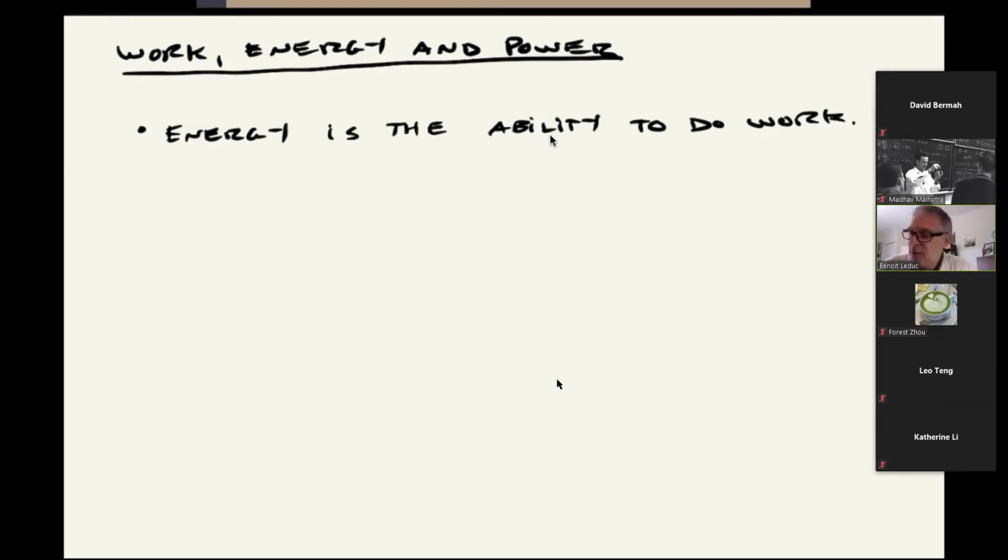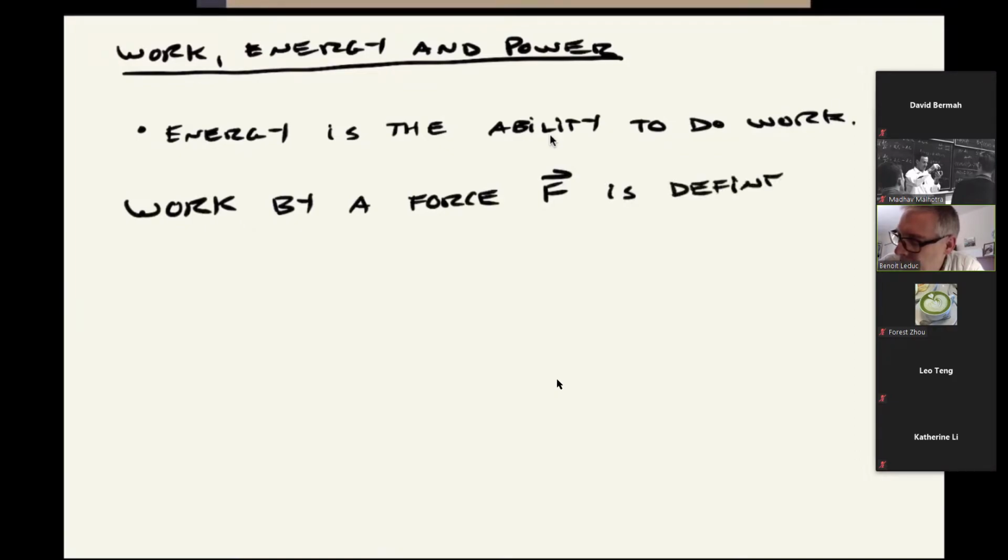Now, of course, as physicists, we give a very defined definition of work, and work will be defined as follows, guys. Work by a force F is defined as, first of all, the symbol for work is a big W, not a small w.